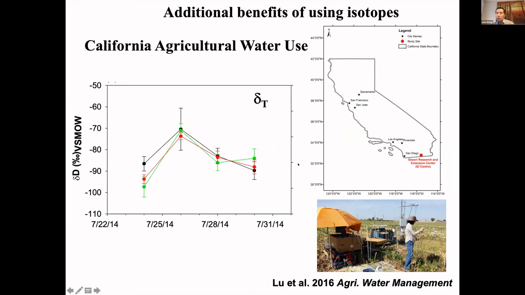We can do that, but the key message I want to point out here is the additional advantage of using isotopes. After irrigation, if you leave the field untended, the isotope signature should become higher and higher for both evaporation and transpiration, because the water becomes more and more evaporated. The leftover becomes heavier, or enriched.